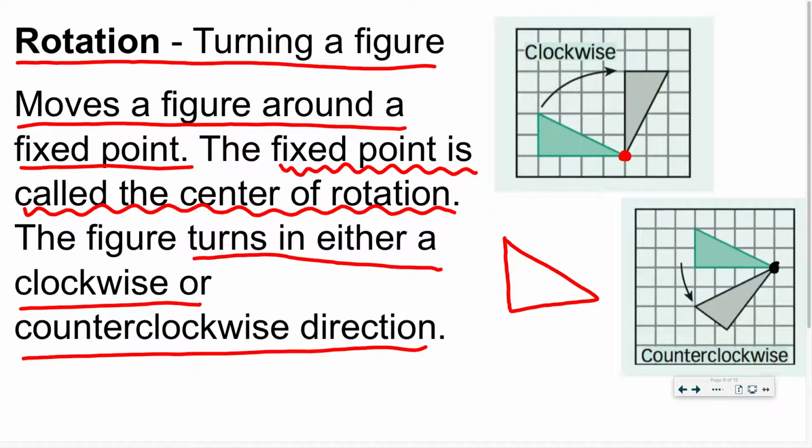If this is my center of rotation, I'm taking my image and I'm rotating it down. So on a clock, that center of rotation is actually like the center of the clock. It's what everything spins around. This is the transformation that I struggle with the most.